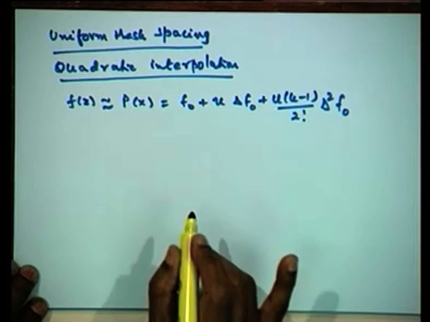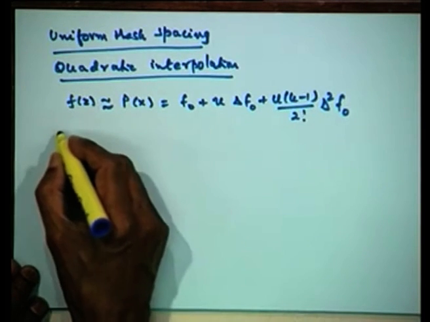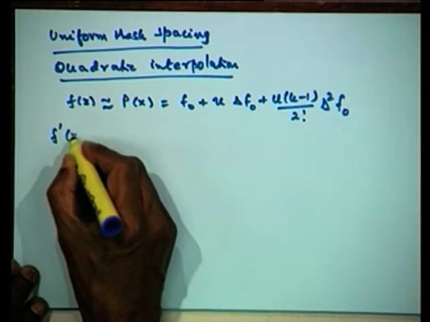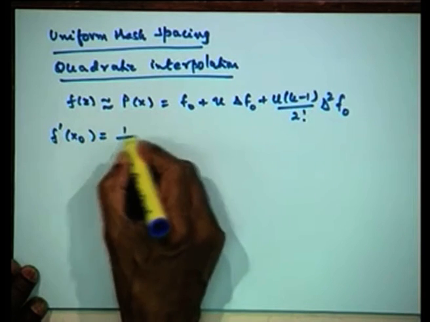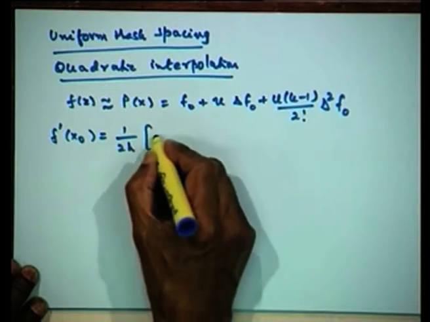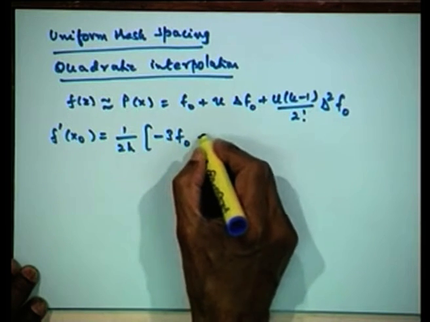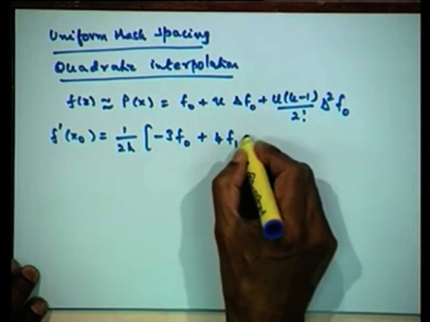Using this, we differentiated it and got the formula for f dash at x0 as 1 upon 2h times minus 3 f0 plus 4 f1 minus f2.